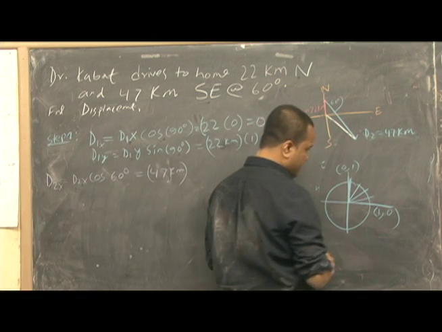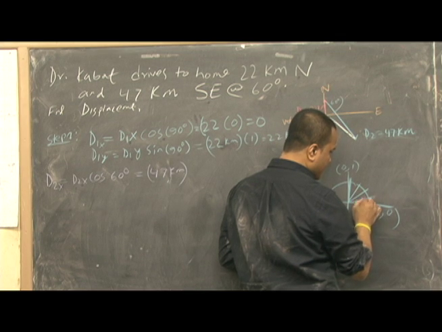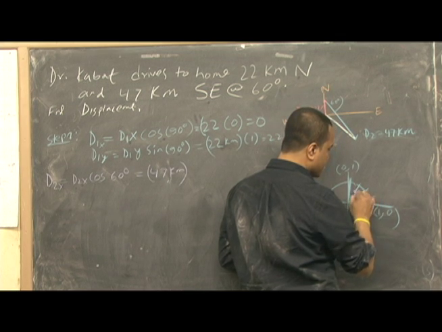Let's find what the cosine of 60 degree is. This is 30 degree, this is 45, and this is 60.